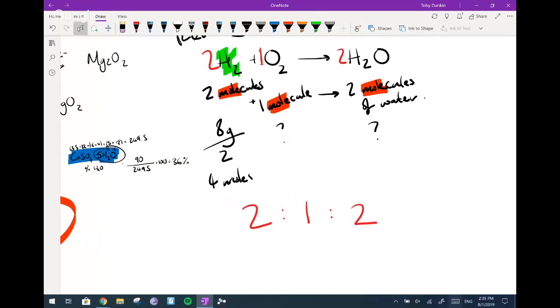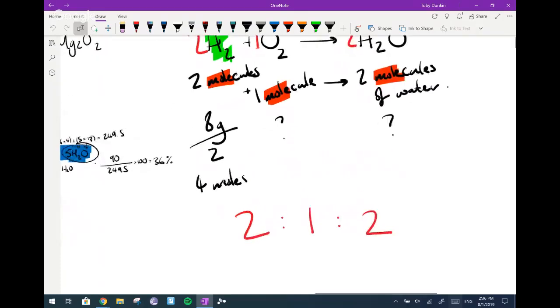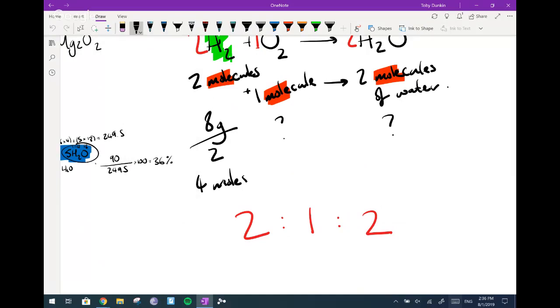As chemistry teachers, A, we like to show off, and B, it's very easy for us to forget what it was like to not realize that this was such an important part of chemistry. So it just tends to be assumed. But anyway, the ratio says 2 to 1 to 2.